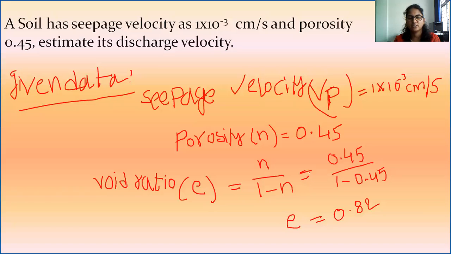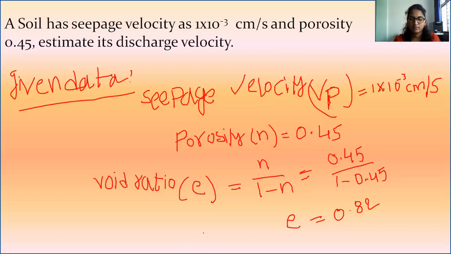Why? Because we must learn each and everything. What is seepage velocity, what is porosity, saturated unit weight, submerged unit weight, and units are also very important. Why? Because we can lose one mark, so units are very important. For unit weight of water, the units are kilonewton per meter cube. And for pressure, what are the units? Different types of units will be there.